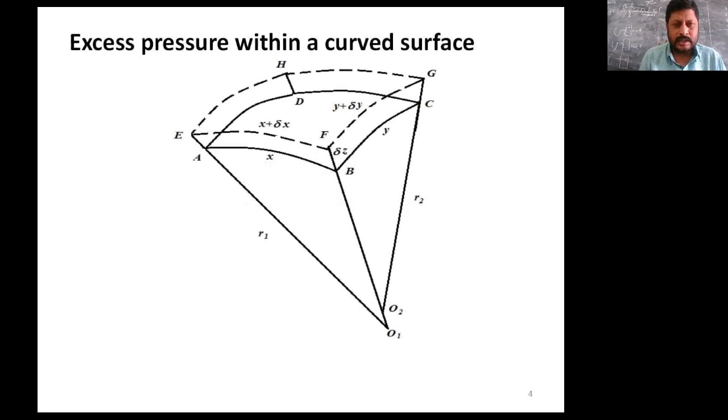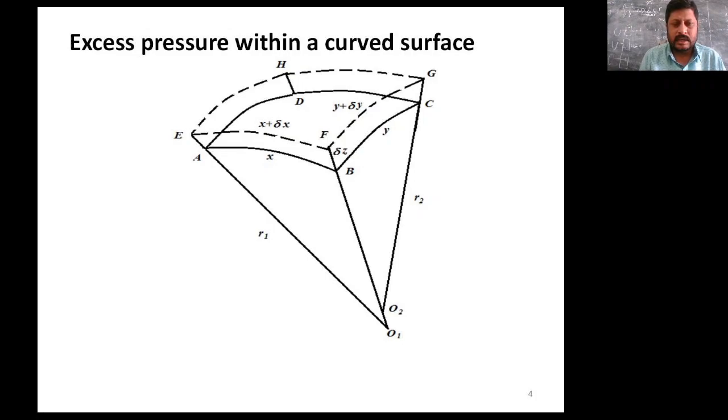Now to calculate the excess of pressure within the curved surface, I have considered a continuous line surface area ABCD shown by the continuous surface, and if we apply pressure to the curved surface, then the surface area of the curved surface increases.